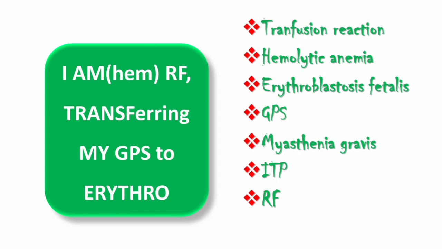My GPS: my for myasthenia gravis and Graves' disease, GPS for Goodpasture syndrome, to erythro for erythroblastosis fetalis. So, I am RF transferring my GPS to erythro. This is type 2.